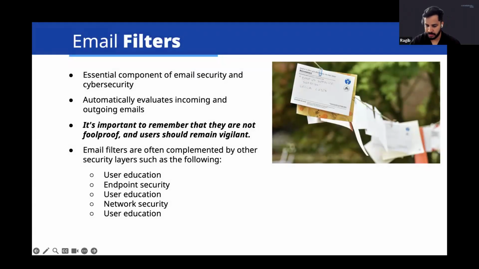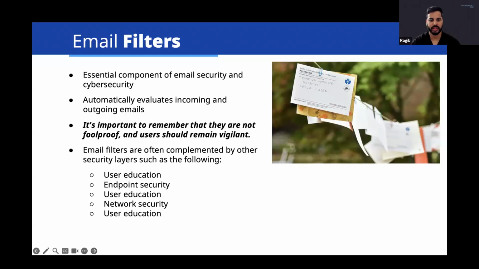Okay, email filtering, very important, right? Absolutely essential for modern cybersecurity. We talked about it in the last class. It is another first line of defense against the flood of malicious emails hitting your organization every day, right?